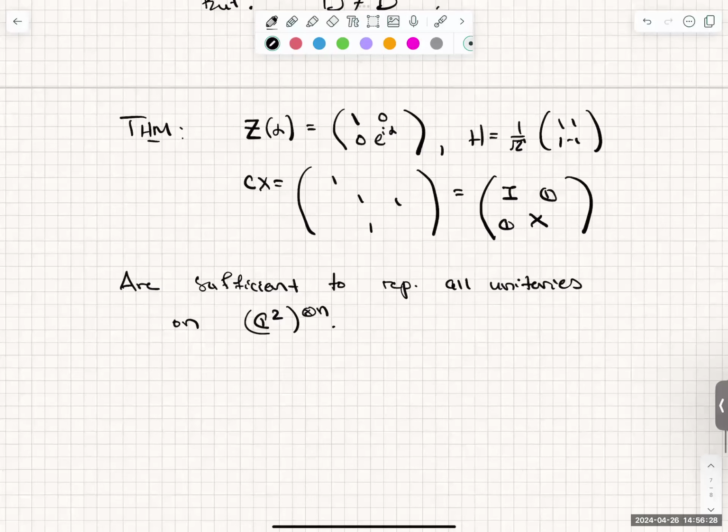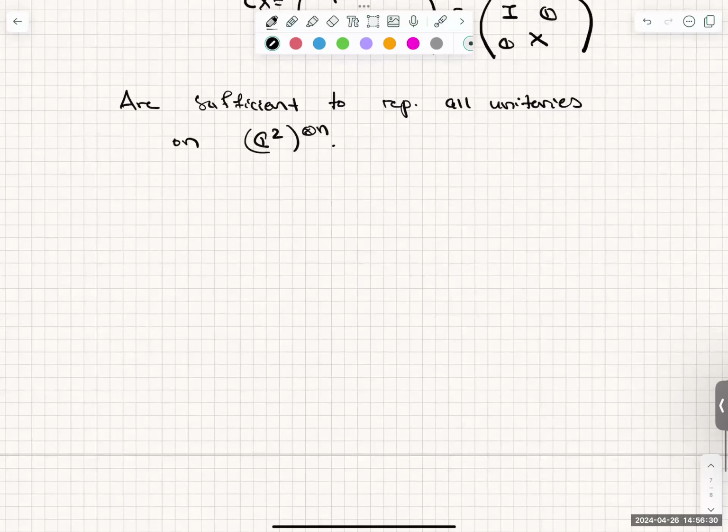Okay, so this is something from outside of ZX, but as a corollary to this, we have that ZX calculus can do the same thing.